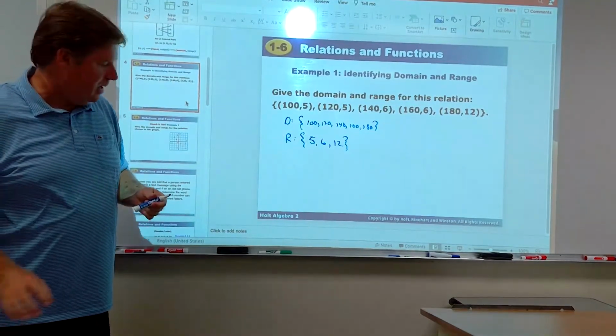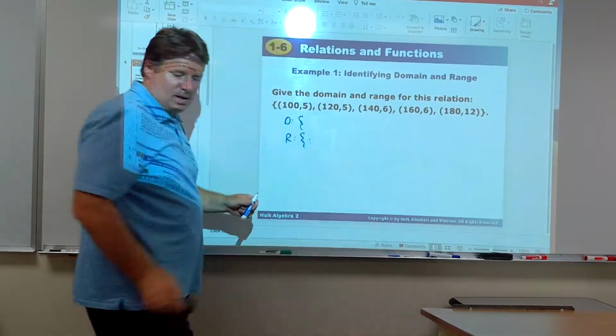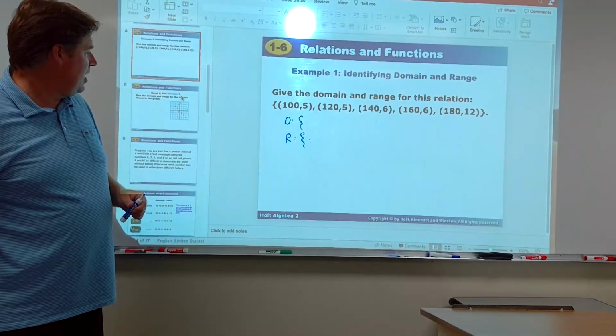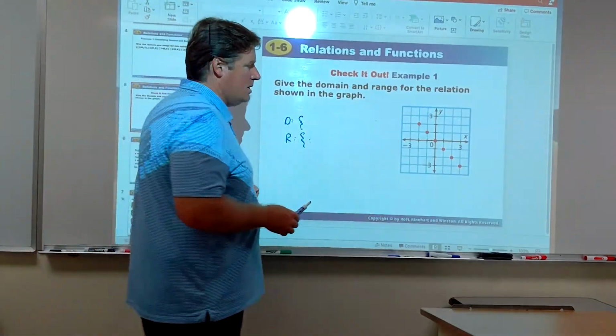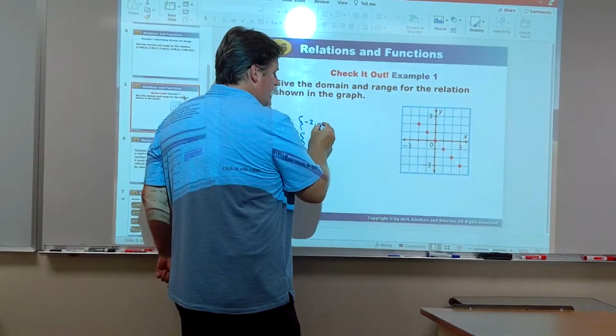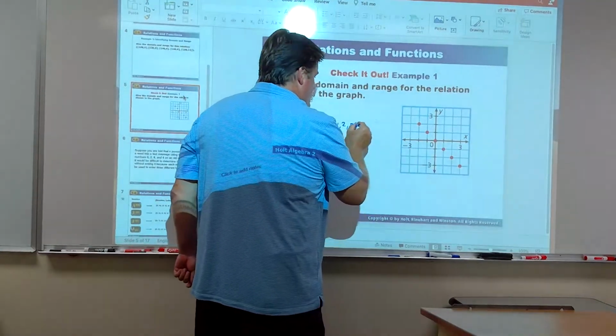Okay, so again, as we go domain and range, we're going to look at doing those repeatedly here. Let's try a few other situations here. I think in this case, we're going to have a little graph. All right, well, the domain are the x values. So I'd say domain would be -2, -1, 0, 1, 2. Looks like we end over there at 3.